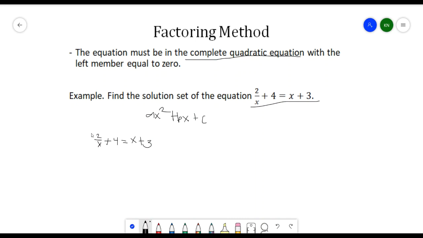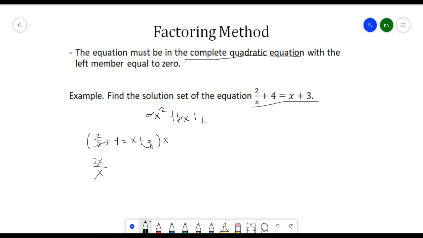How can we remove the fraction? We just need to multiply both sides by the denominator of the fraction, which in this case is x. So we multiply all of the terms by x to remove the fraction form of our equation. 2 over x times x can be canceled, because this is equivalent to 2x over x.